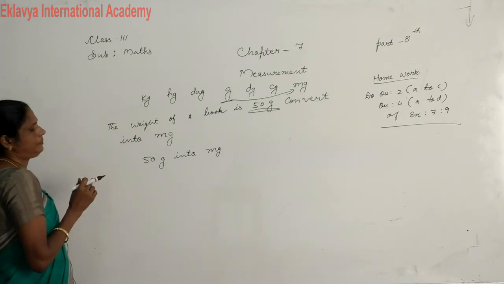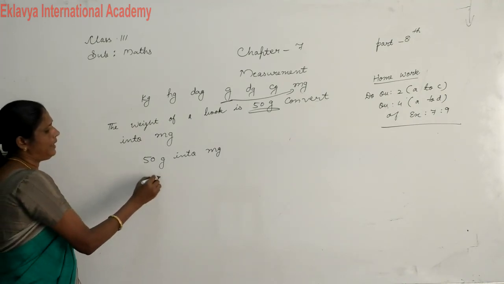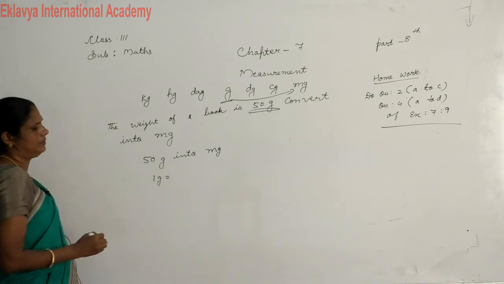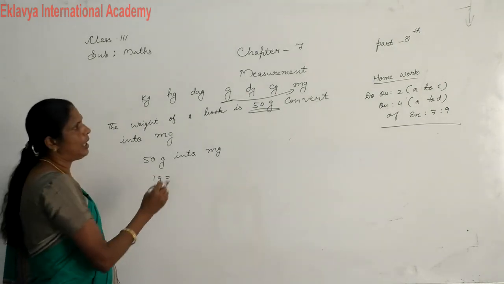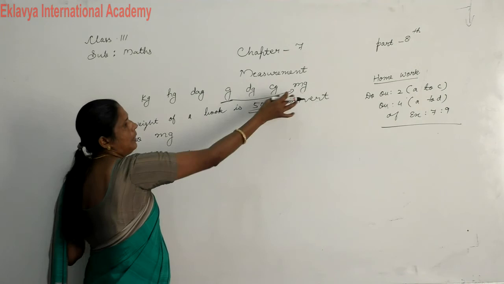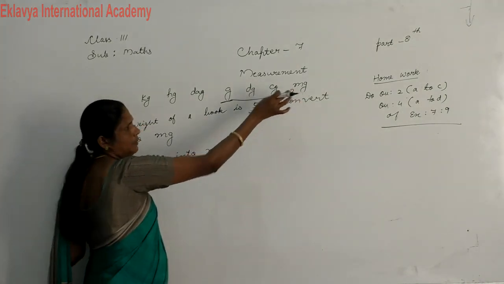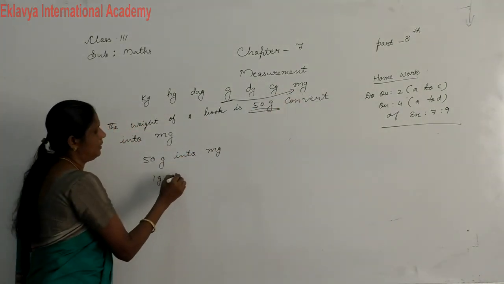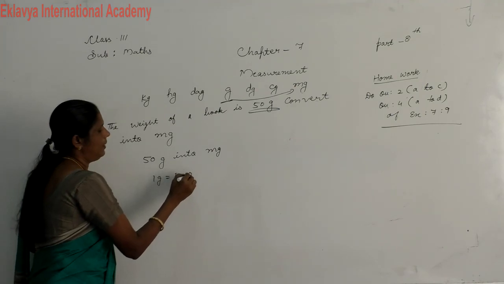First, 1 gram is equal to how much milligram? 1000 mg.